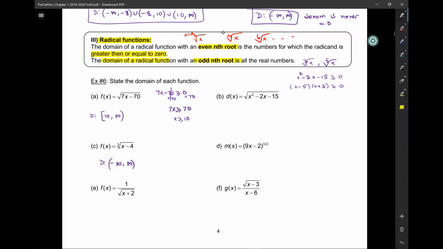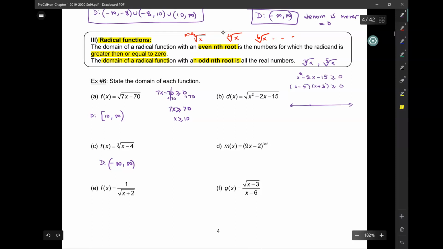Now, A was a linear inequality. That's just straightforward. This is a non-linear inequality. If you have x squared, a quadratic, cubic, quartic function, when you extract the values here, negative 3 and 5, you have to put them on a number line. You did this in Algebra 2.